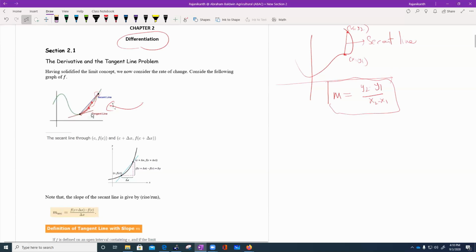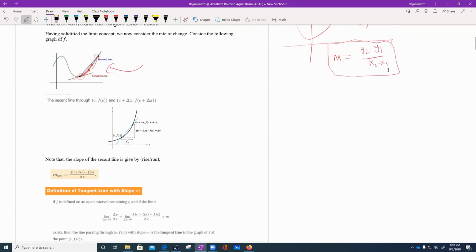So you could move one point towards another. If both points meet at one common point, you get the tangent line, the touching line. So the tangent line is nothing but the limiting line of a secant line. When you move one point towards the other, at the end you get the tangent line.